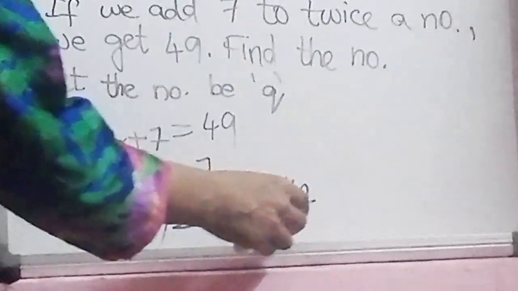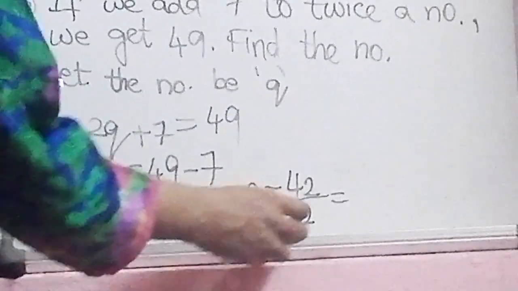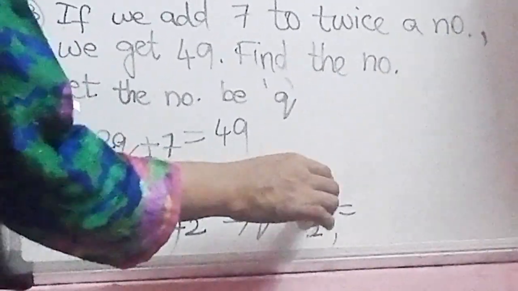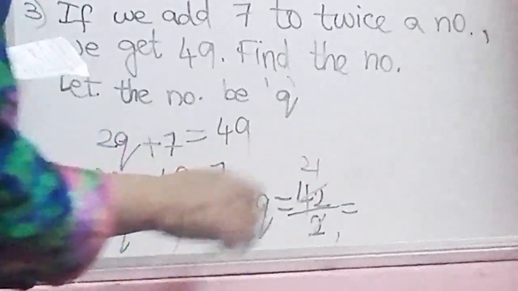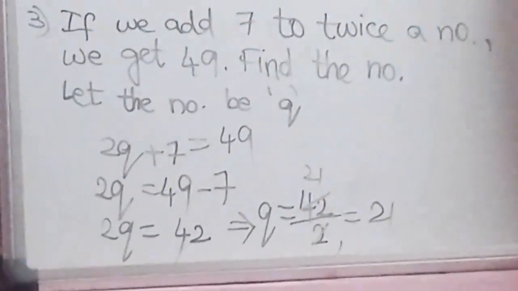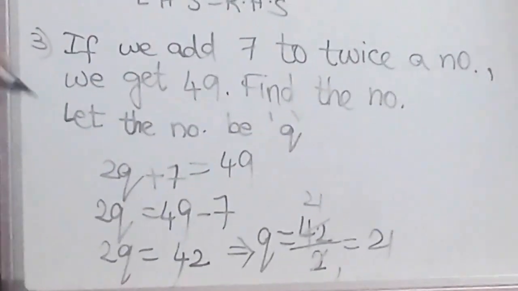Multiplication, when it goes to the other side, it becomes division. So it is divided by 2. 2 ones are 2. 2 twos are 4. So the answer is 21 you got. You got the answer as 21.